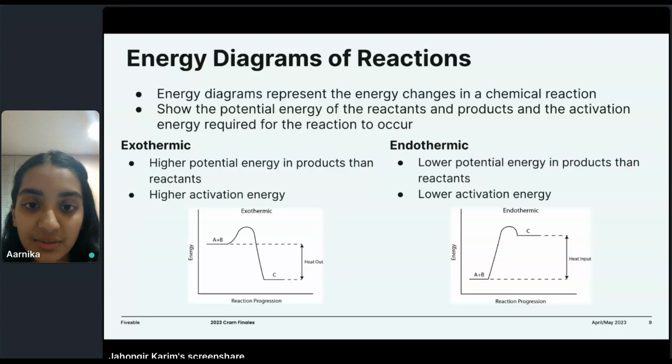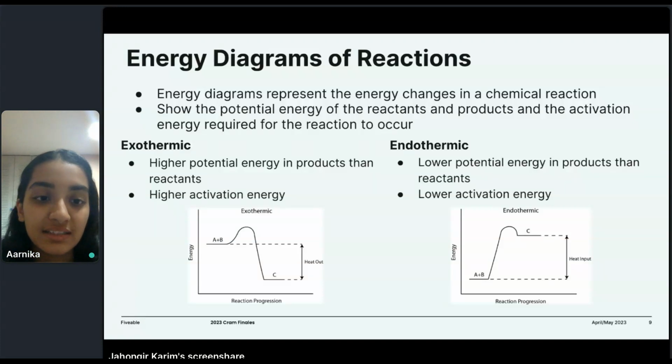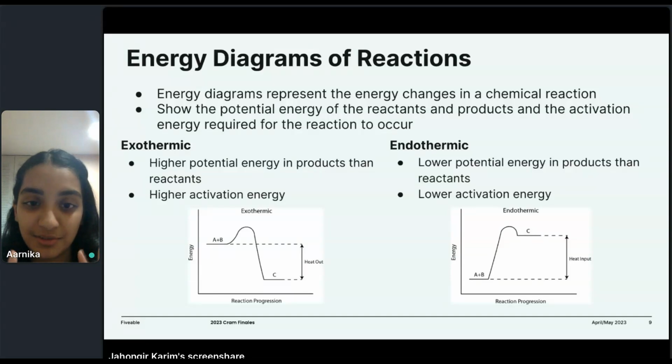And in endothermic, there is a lower potential energy in the products than the reactants, and a lower activation energy. I think these might have been switched accidentally, my bad. So the first one would actually be endothermic, in which the potential energy is higher in the products than the reactants, and that has a higher activation energy. Sorry for the confusion.